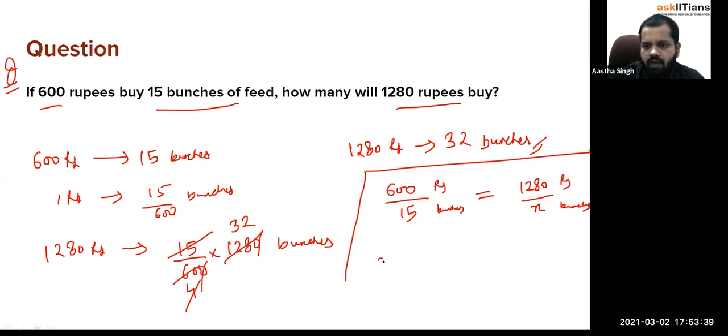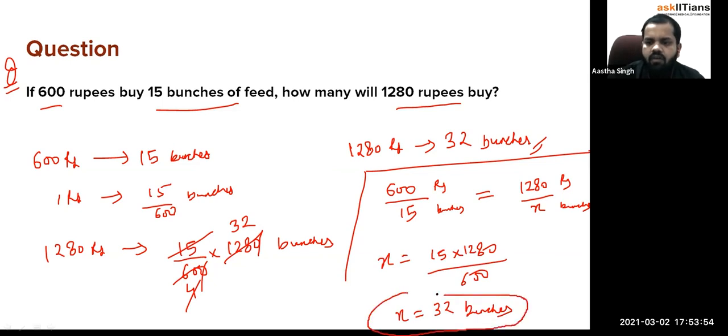If you cross multiply, X will be equal to 15 into 1280 divided by 600, so X will be equal to 32 bunches. You can do it by either method: cross multiplication using direct proportion, or the unitary method.